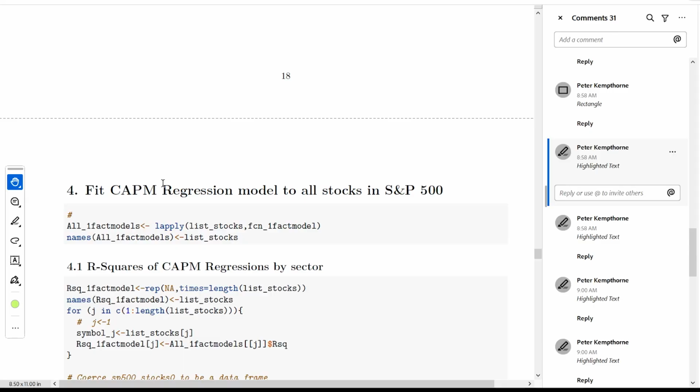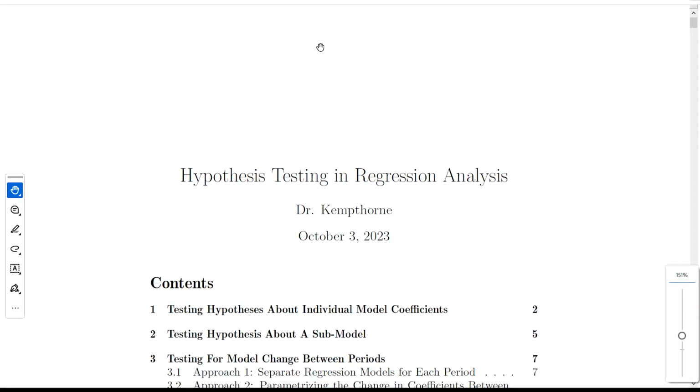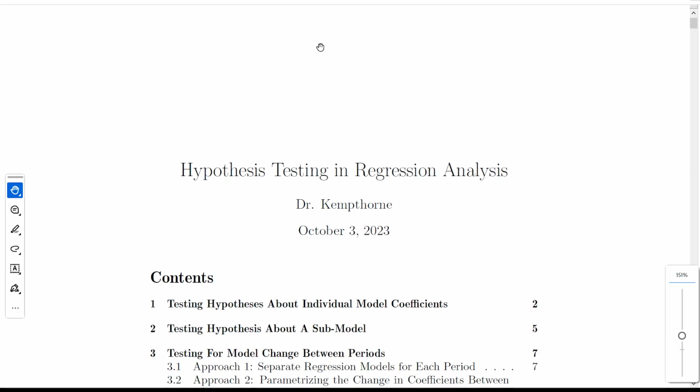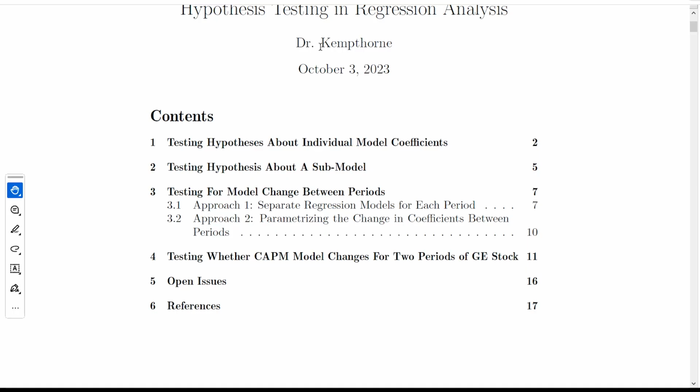Now, before showing the results for all the stocks in the S&P 500, there's another note on regression analysis hypothesis testing. And what's interesting to think about is we can consider testing whether a submodel, a model without as many factors in it, is suitable.